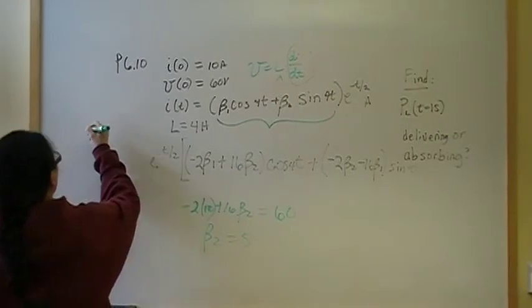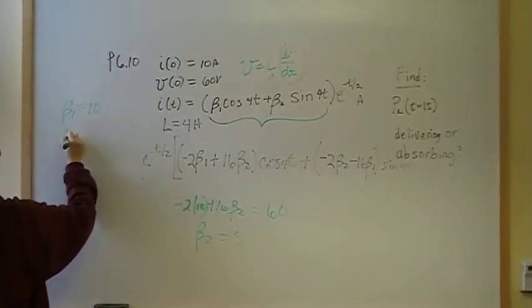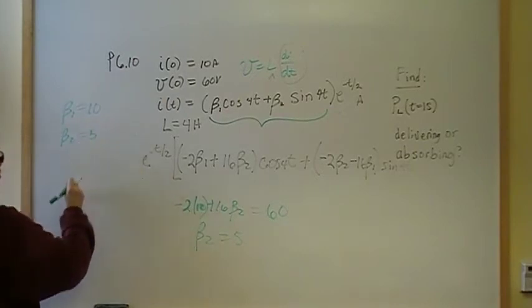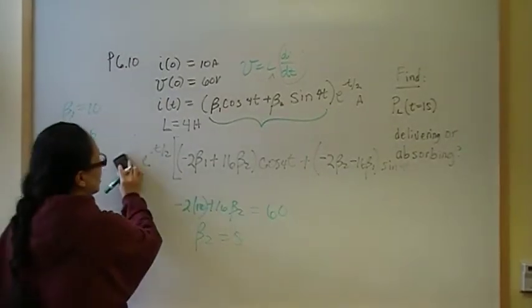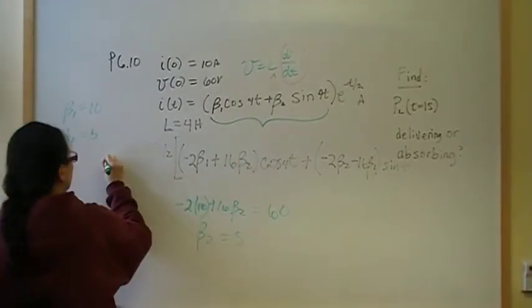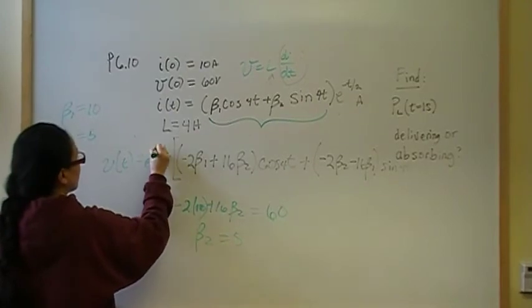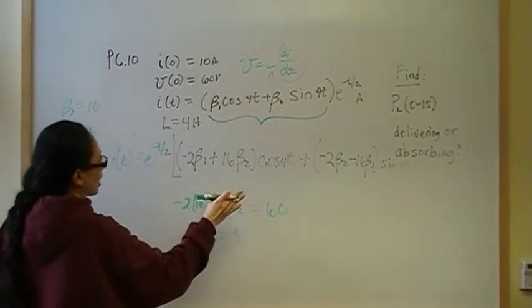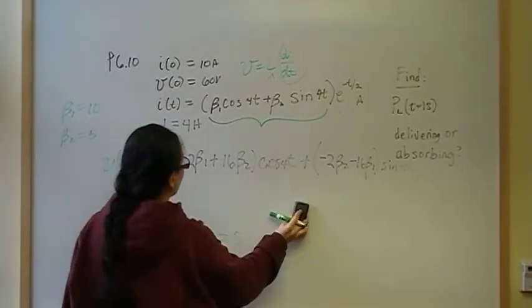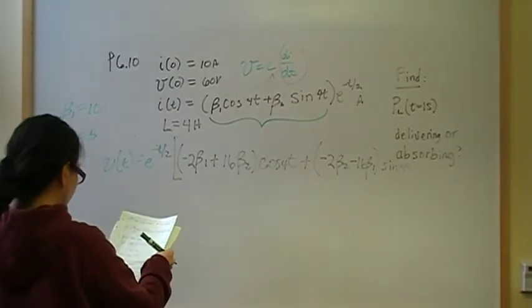So now we know beta 1 is equal to 10, and beta 2 is equal to 5. Now we know what the whole equation is. So this is voltage V of t, right? That's equal to e to the minus t over 2 times that. So now we can start putting in beta 1 and beta 2, and I did that.